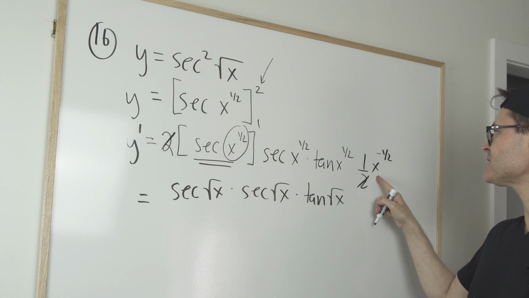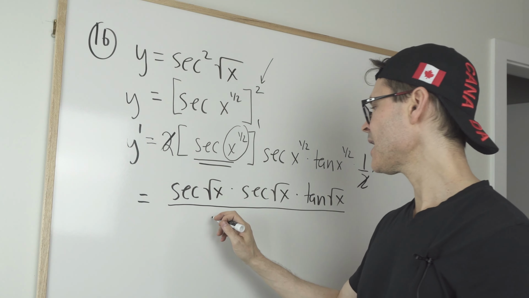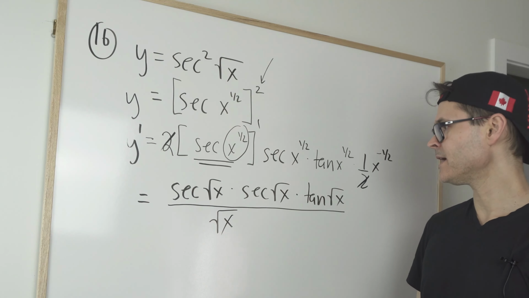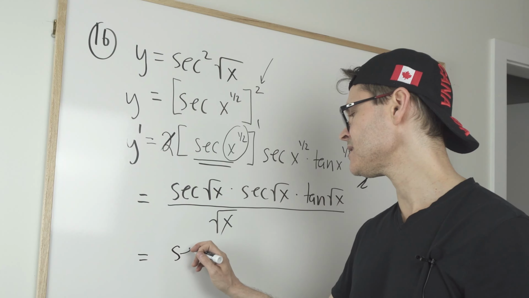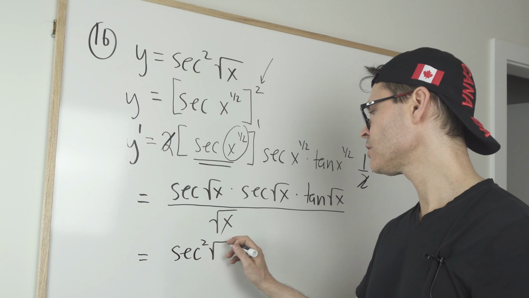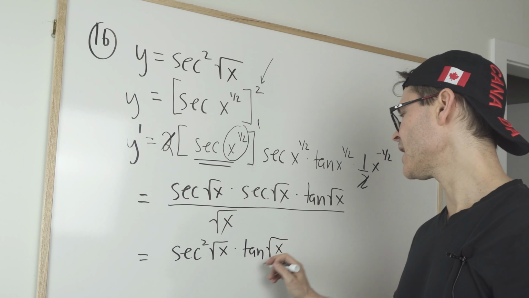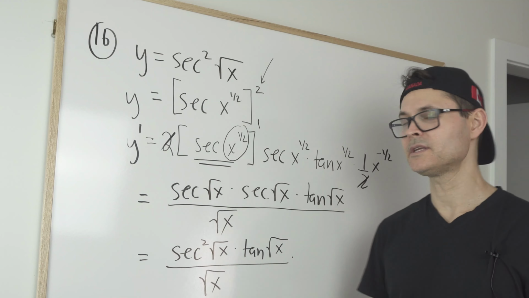And I also have this x to the negative a half, which could be written downstairs as the square root of x. And I can combine that. I've got a secant squared. So I'm going to say secant squared root x times the tan of root x, all divided by root x. And there she be.